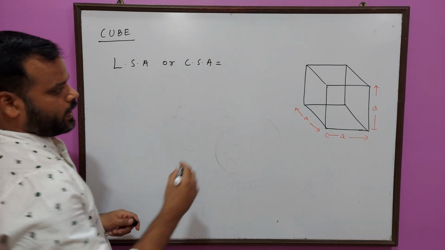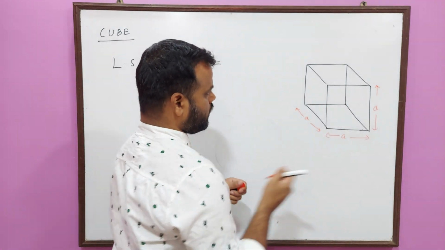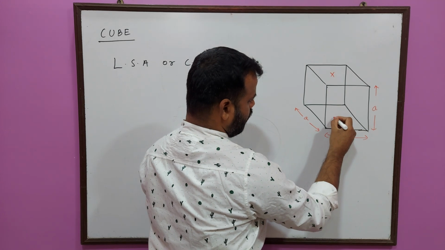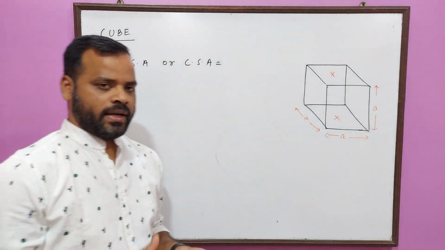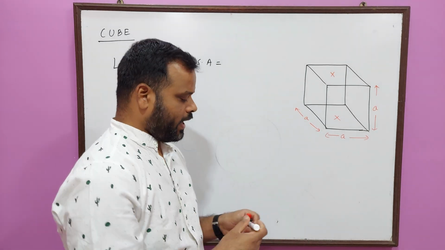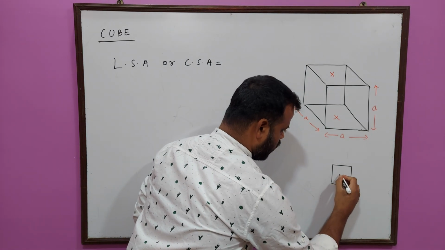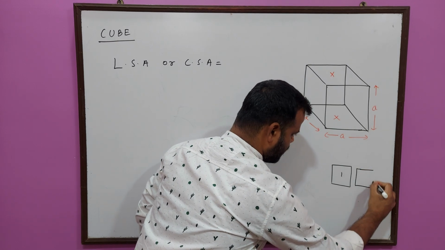So let us understand the lateral surface area or the curved surface area of a cube. The lateral surface area or curved surface area means you have to exclude the top and bottom face. For example, if we take the dice which we used to play Ludo, you have 6 faces, on one face 1 is written, on another face 2 is written.